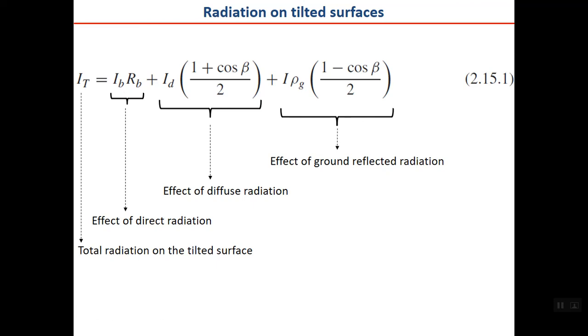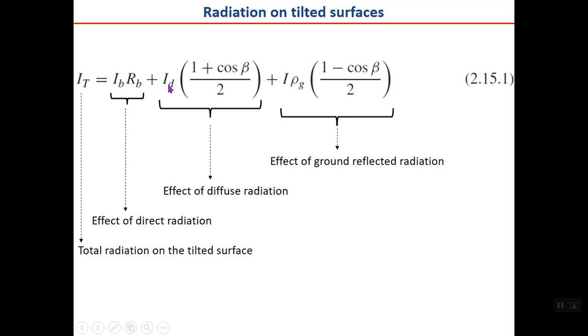Please pay attention, this is very important. IB is the beam radiation on the horizontal surface, and by multiplying it by RB, you can calculate the share of beam radiation on the tilted surface.